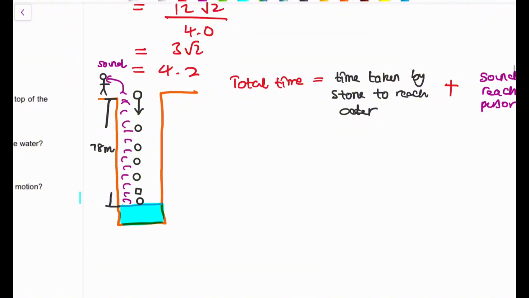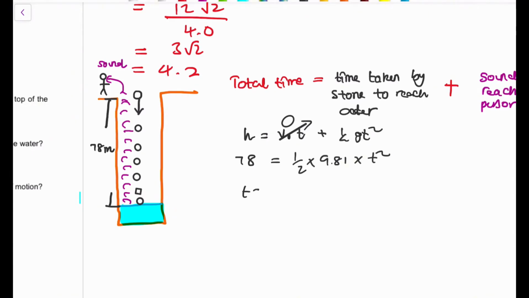Two different motions, right? For the time taken for the stone to reach the water, we know that h is equivalent to v naught t plus half g t squared. So this is 78, and the initial velocity is 0 at the beginning. This will be half times 9.81 times the time squared.